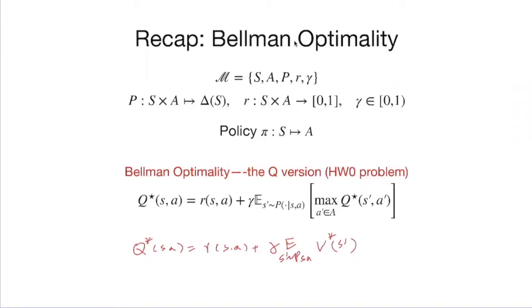And what is the definition of V star? We know that by Bellman optimality that we covered in the lecture, this is max over A' of R(S', A') plus gamma times the expectation over S''.